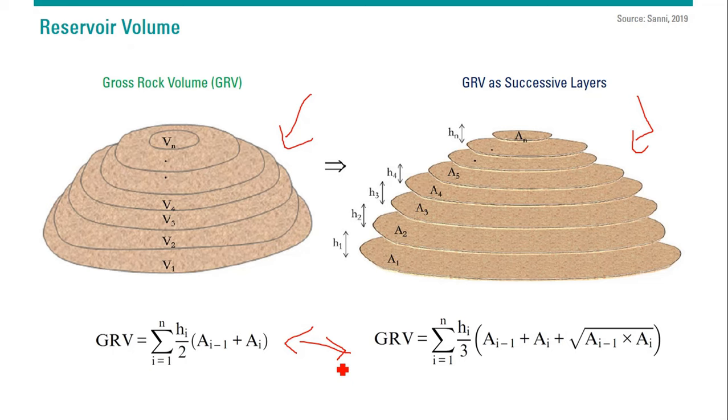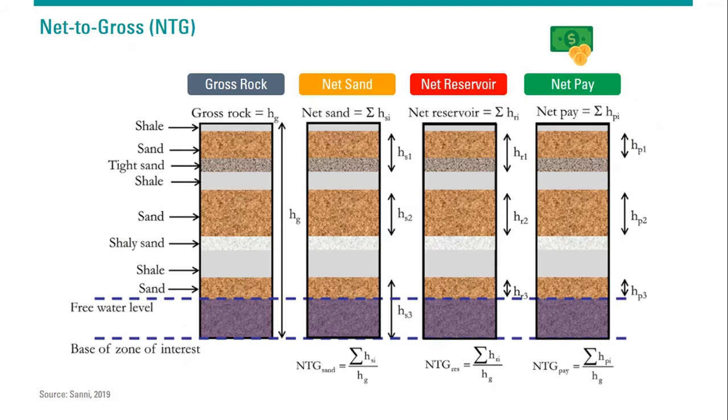Not all of them is actually reservoir. Oil is not stored in all of this volume. It's still gross volume. And then we need to multiply the gross rock volume with net to gross. Gross means all. Net means something that is very important.